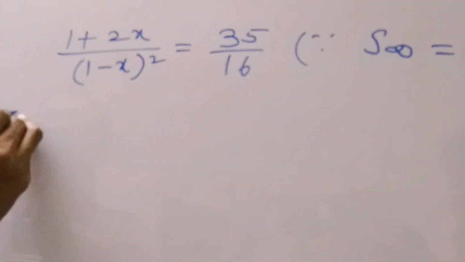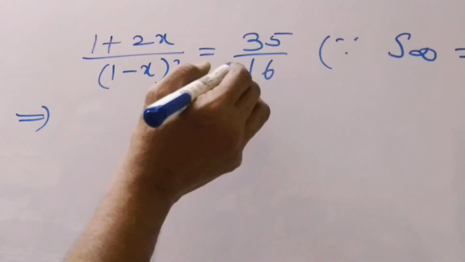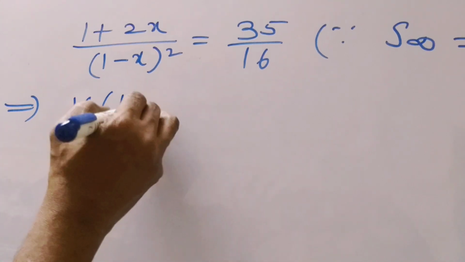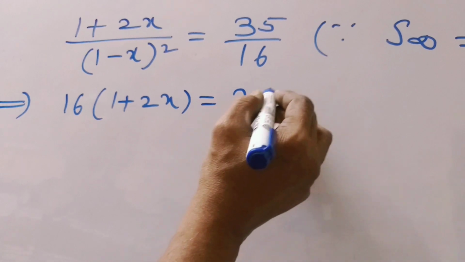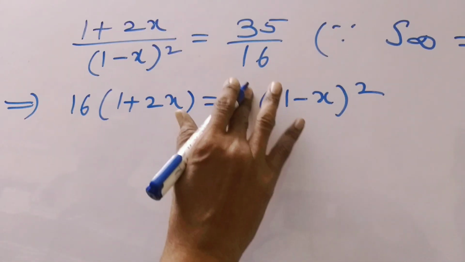On cross multiplication, it becomes 16 of (1 plus 2x) is equal to 35 of (1 minus x) whole square.